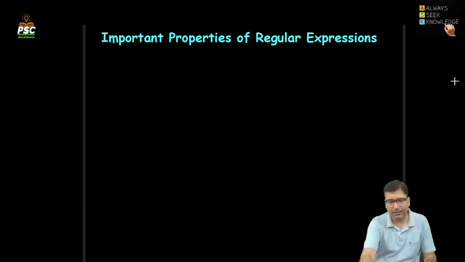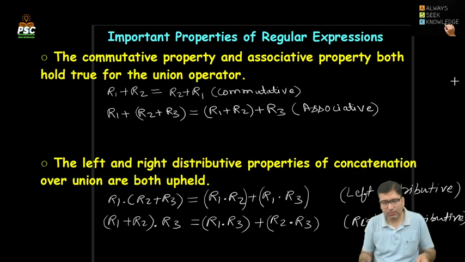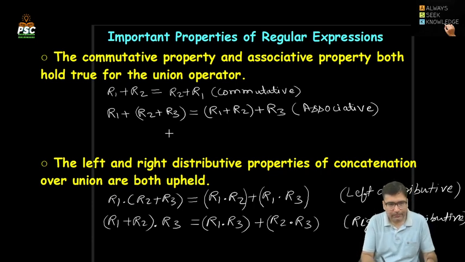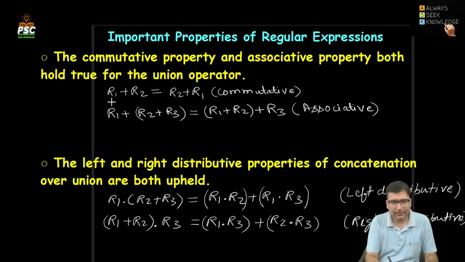There are a few very important properties that you must know in order to attempt the questions correctly. So the very first property: let's say there is a regular expression R1 and a regular expression R2. If we perform the union operation, I'm highlighting here the union operator.